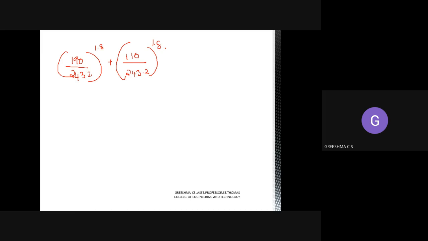Tell me whether this is less than 1 or not. If it is not less than 1, you have to redesign the section. If it is less than 1, it means that this is safe in biaxial bending. You can proceed with the design.